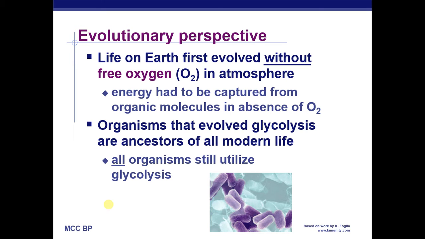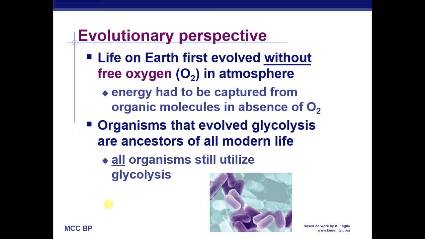Just as a perspective, life on Earth first evolved without oxygen in its atmosphere. You call that anaerobic conditions. So energy had to be captured from organic molecules like glucose without using oxygen. Organisms that evolved glycolysis are ancestral to all modern life.